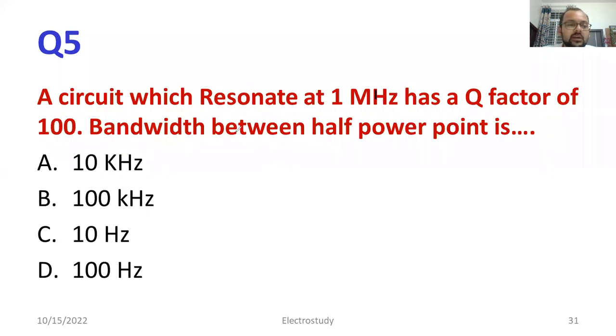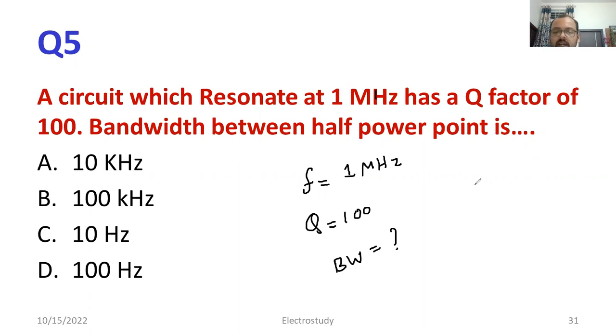Now there is a numerical example. A circuit which resonates at 1 megahertz, so frequency equals 1 megahertz. It has a Q factor of 100. Quality factor is equal to 100. You have to calculate the bandwidth between half power points. How to calculate bandwidth? You already know that quality factor is equal to the frequency divided by bandwidth. Therefore, bandwidth is nothing but frequency by quality factor.